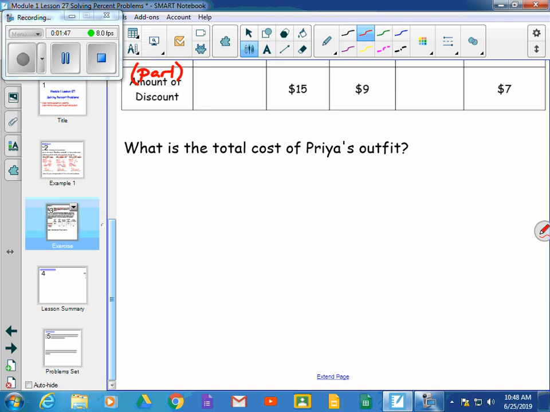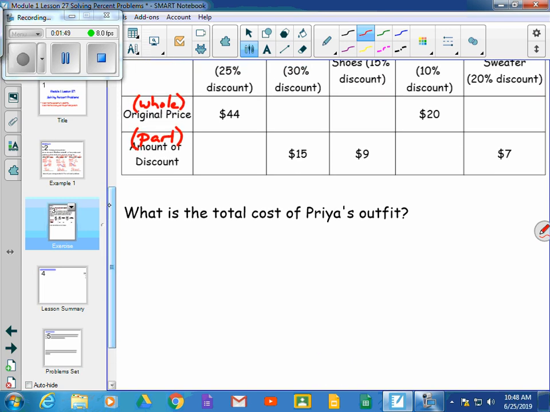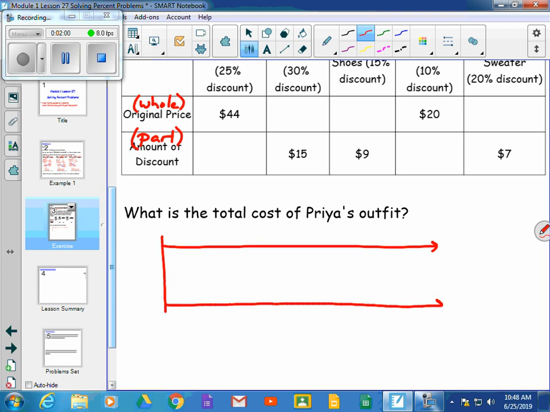The shirt, we look at it, we see that it has a 25% discount. The original price is $44. Let's first solve it with a double number line. Top number line is going to be percent, and the bottom number line will represent dollars. I like to put 100%, and I'm going to match it up with my whole.